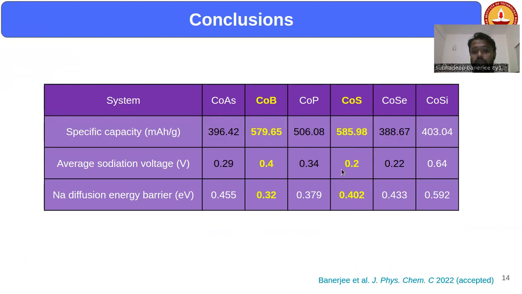And the average sodium insertion voltage is also low enough, from which we can predict that the total cell voltage will be in a higher range. And the sodium diffusion energy barrier value is also in a moderate range. So overall, we can say that cobalt anti-MXenes are a promising anode material for sodium ion batteries.